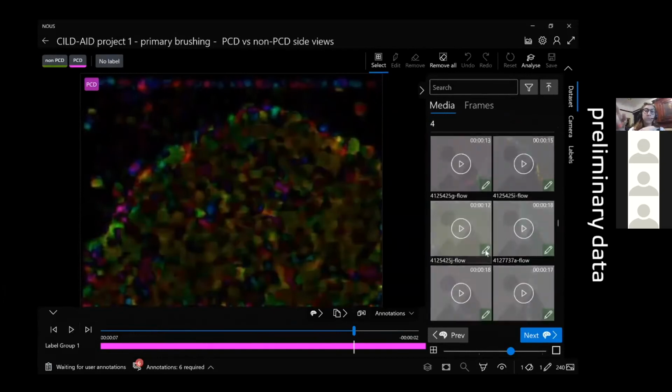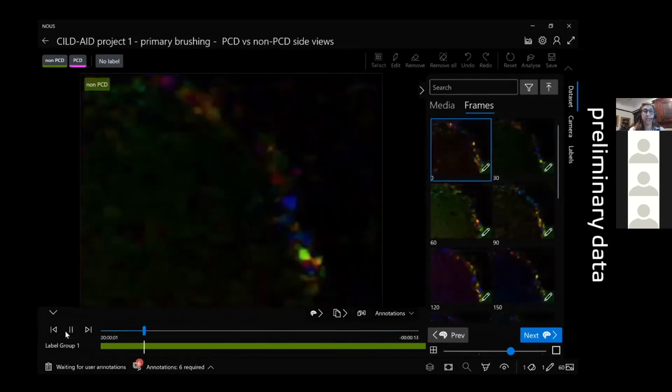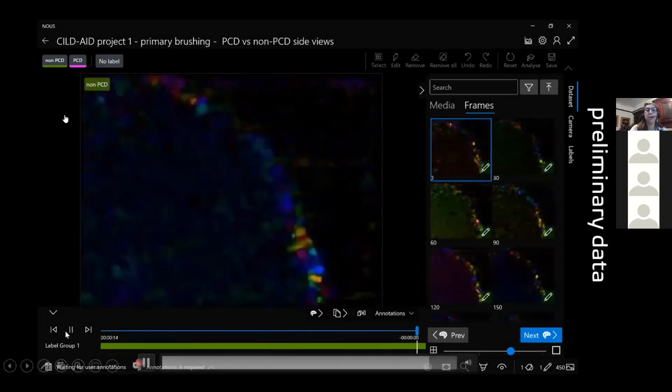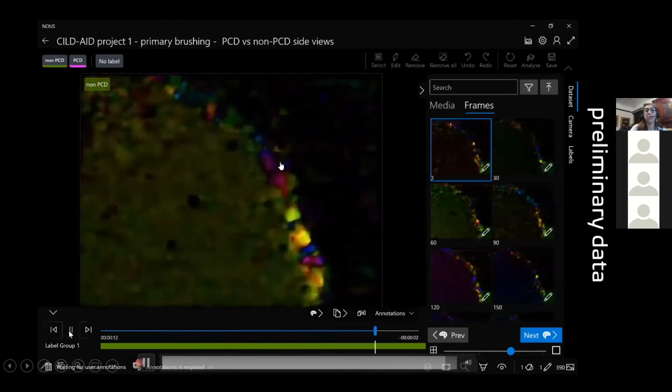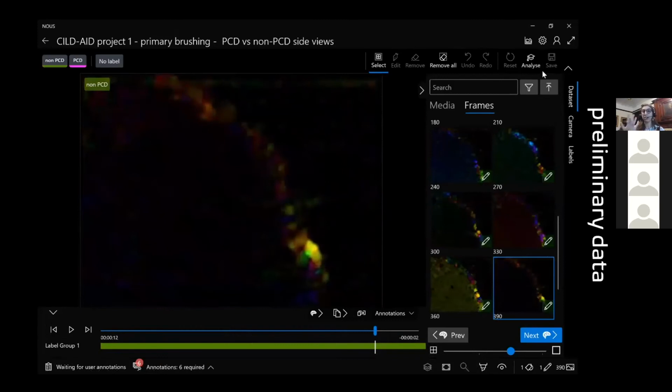The next movie that I'm going to put here is a non-PCD movie, and here you can see the color is more focused on the border where the cilia are. This is the kind of material that is used to train. We don't detect anything here; we just immediately classify the videos into PCD or non-PCD.